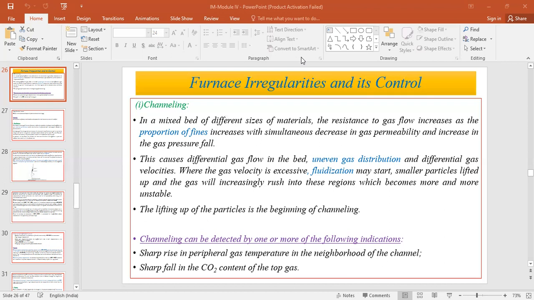If there is an abrupt change in the gas temperature at a particular area, that gives an indication that channeling may have occurred. Another one is a sharp fall in the CO2 content of the top gas.